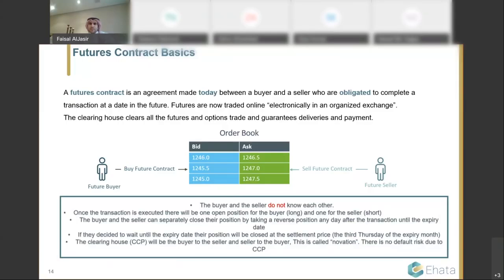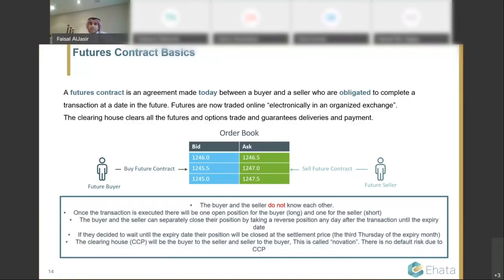Again, if it's traded electronically, the buyer and seller do not know each other. What we want to explain is the concept of long and short. If a trader has opened a position where he is a buyer, he will be buying the underlying, and he will benefit if prices go up, so he is basically long.